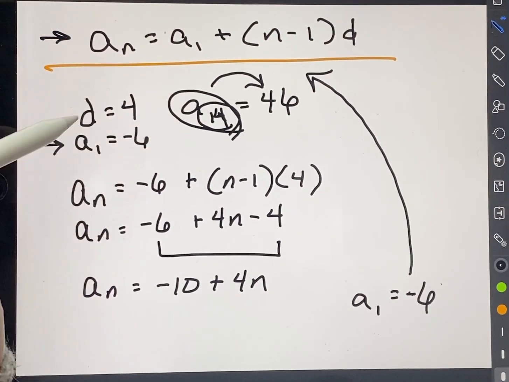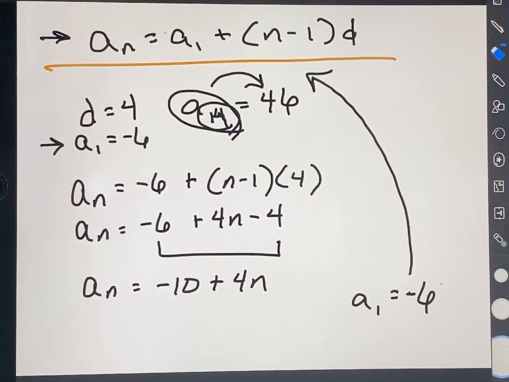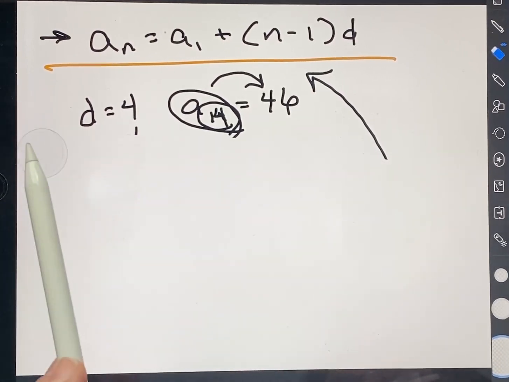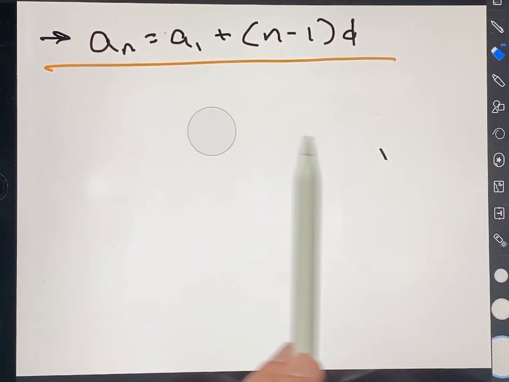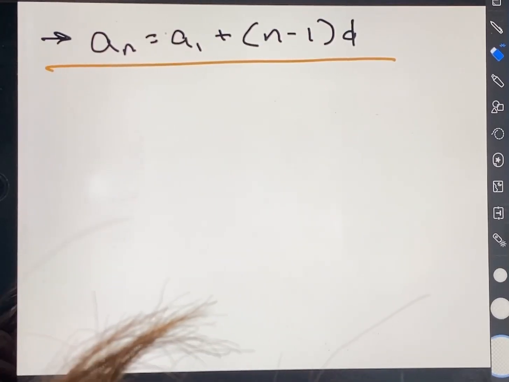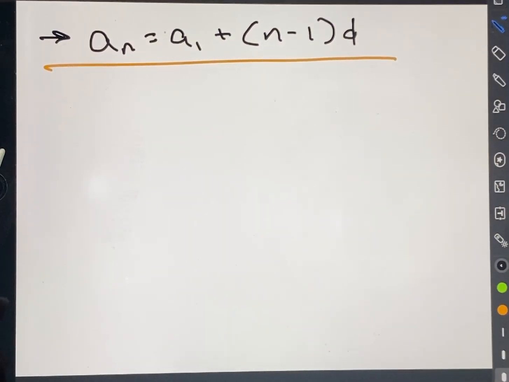So we were able to find our generic value even though we did not have our first term. We only had the 14th term and our jumping value. So as you move through those equations, they're going to give you different values. You're going to have a D value each time for some. And then for some, you might just have 2 different values. So let's look at what that might look like.